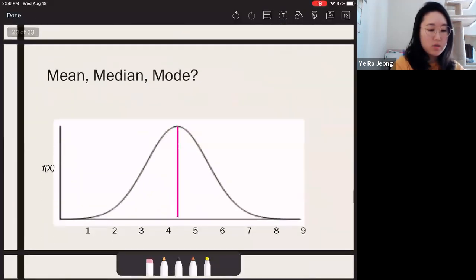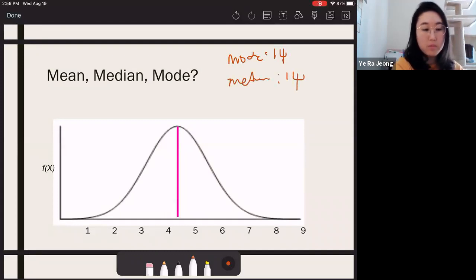Okay, so it looks like mode was 14, that has the highest frequency. Median was also 14 because it was right in the middle. And finally, mean is 13.67.